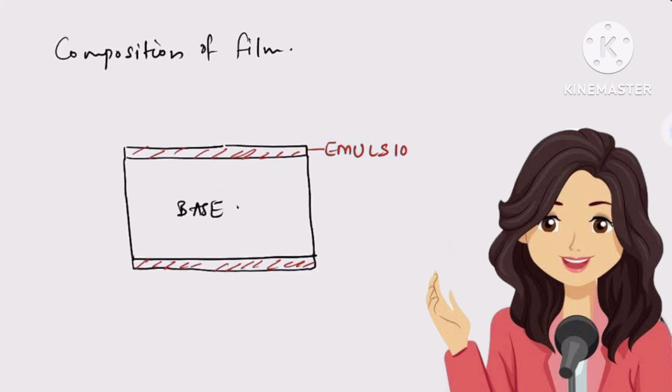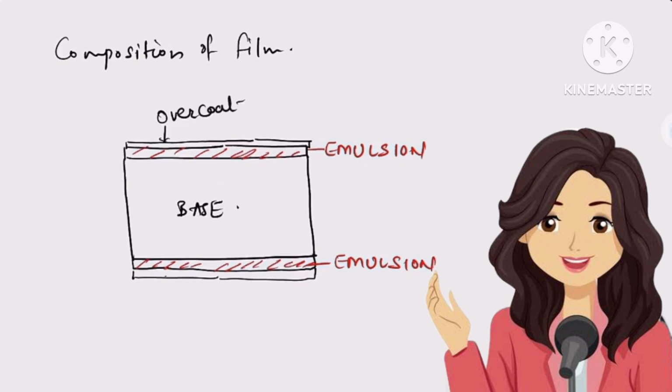And the emulsion is then protected with the overcoat. Overcoat is just a protective layer, all right?